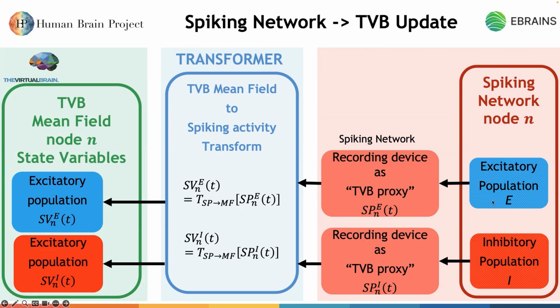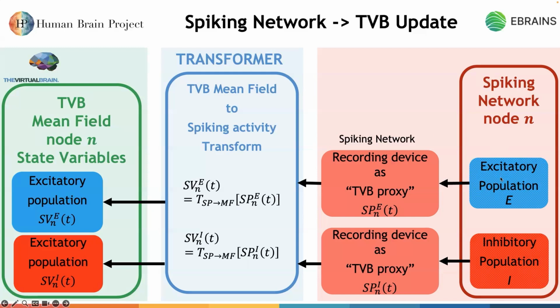Like, for instance, in the Wilson-Cowan model that I showed you, which is going to be our example for today, we have a state variable for the excitatory population and one for the inhibitory population. And let's assume that the spiking network model we're creating also has an excitatory and an inhibitory population of neurons for every brain region.